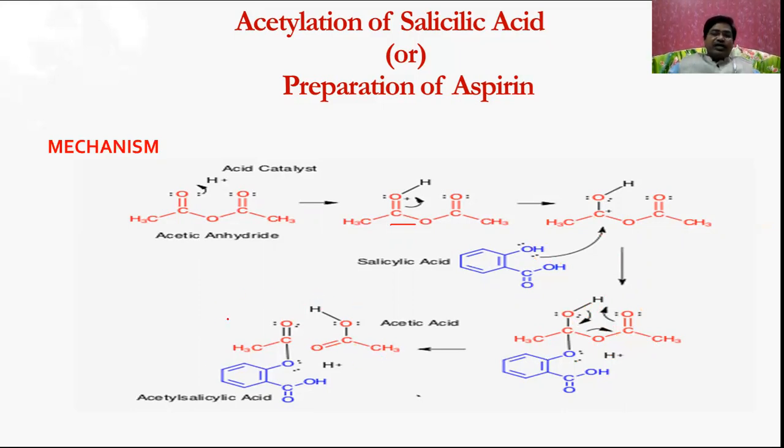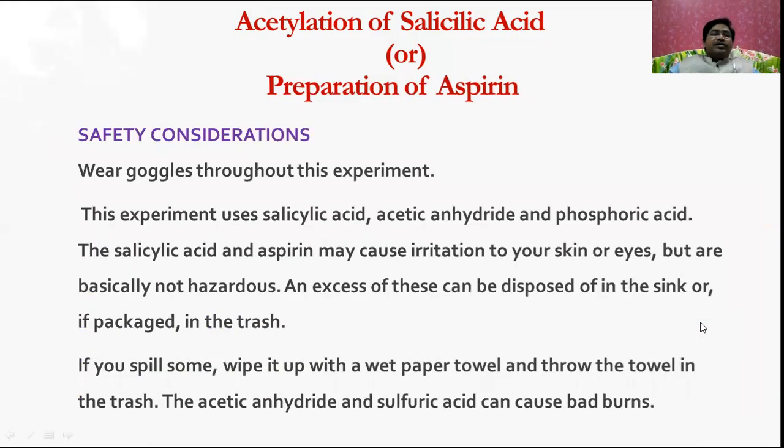Another moiety you can get is acetyl salicylic acid, and this proton that is taken from the acid is again released into the reaction. In this way, the acetylation of salicylic acid is carried out, and you will get acetyl salicylic acid.